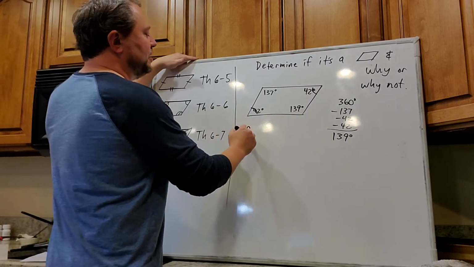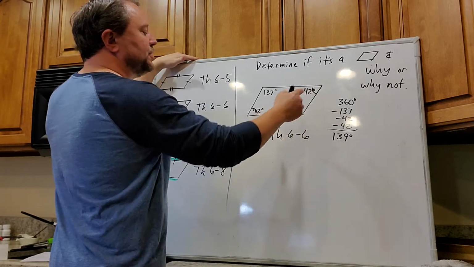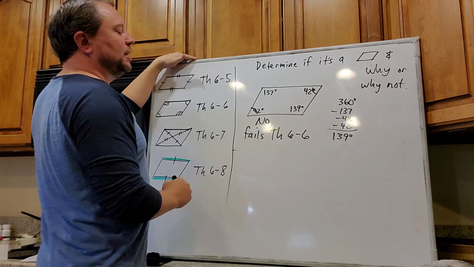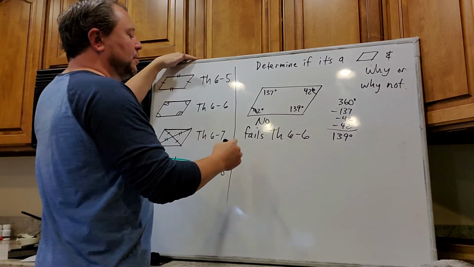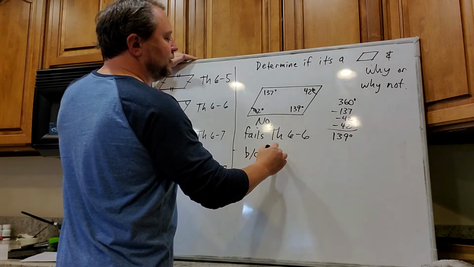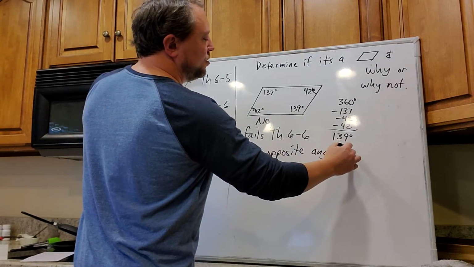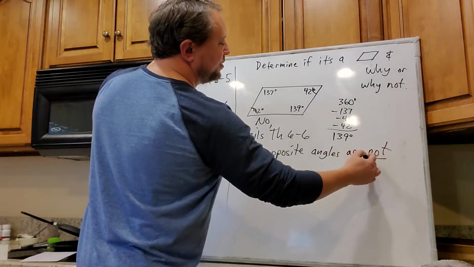So you could say it fails theorem 6-6, or you would say that it's not a parallelogram because opposite angles are not congruent.